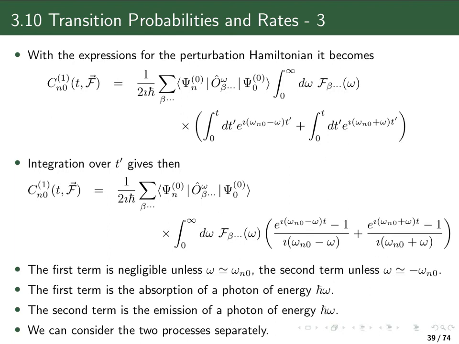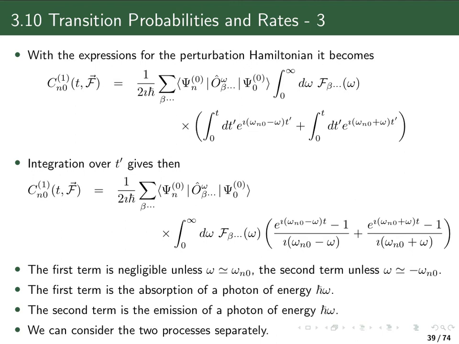In all other cases, meaning for all other frequencies, both of these terms are very small, negligible, which means that our coefficient is basically 0, which means there is no transition from the ground state to the state n, which essentially is Bohr's frequency condition, that in order to have a transition from one state to another state, the frequency of the radiation has to be equal to the energy difference between these two states divided by h bar.